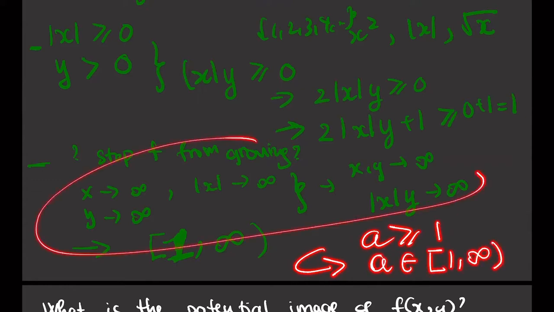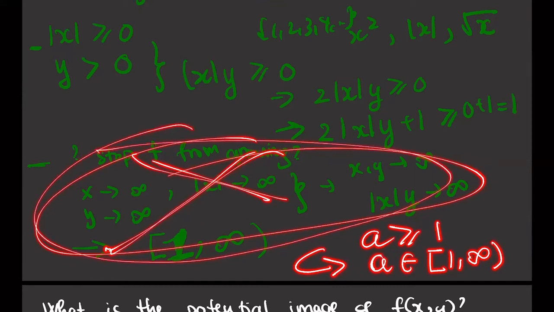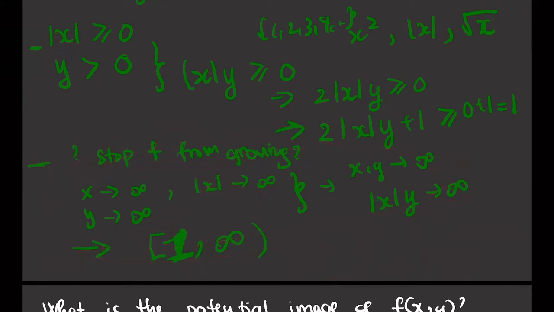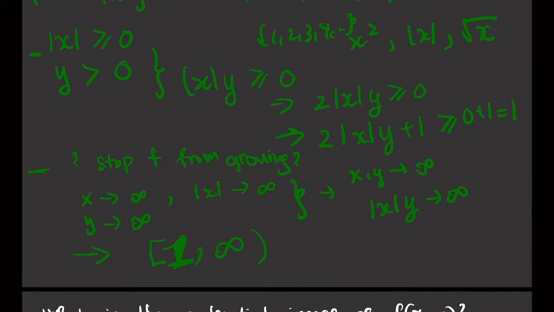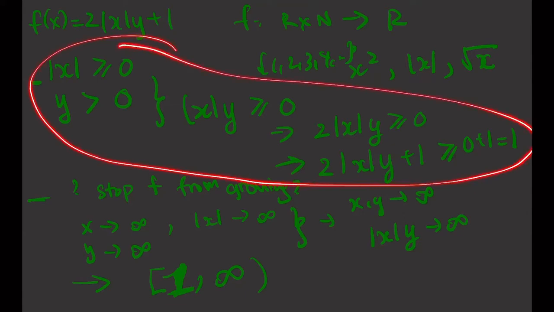So you don't have to say this part because it's calculus. But you need to use this part in your rough work to see if you have any upper limit, like upper bound. But in your proof, the first part, proving the image is a subset of the interval, you just need to write this part, okay?